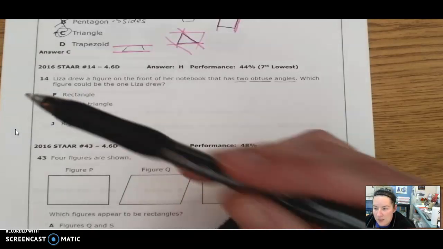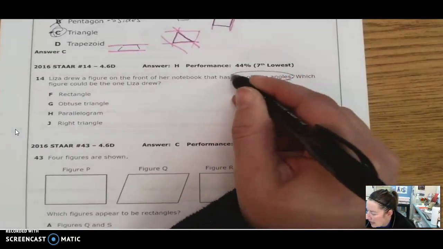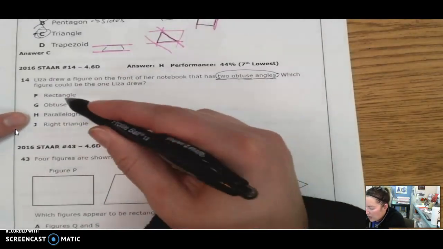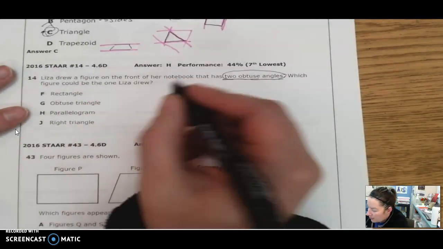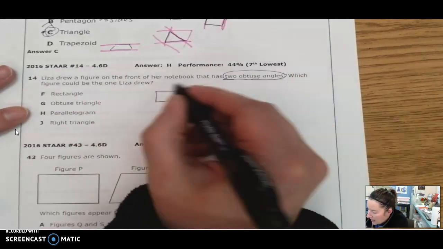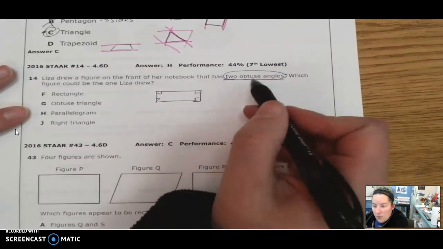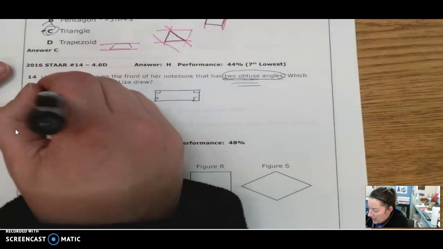We're going to have to draw them and figure out which one has 2 obtuse angles. We know the answer is going to be parallelogram, but let me show you why it's not these other ones. So F, rectangle. For starters, draw a rectangle. A rectangle has 4 right angles. So a rectangle cannot have 2 obtuse angles, right? That's out of the question.